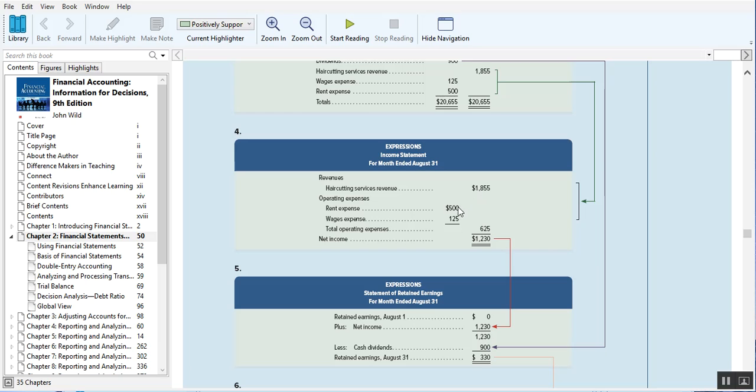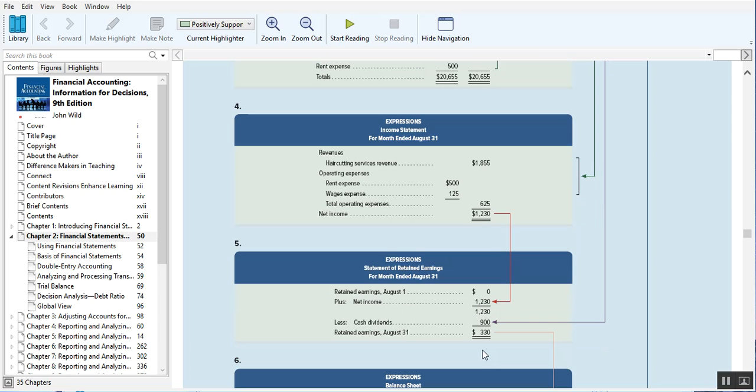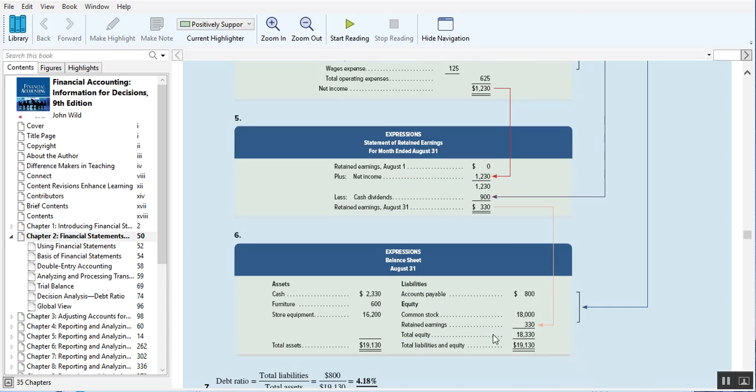We're going to have revenues and then detailed expenses. Deduct those from revenues, we get net income. That then comes down to the statement of retained earnings, where we begin with retained earnings of 0, add in net income, subtract out dividends. Our ending retained earnings will be whatever the balance is there.